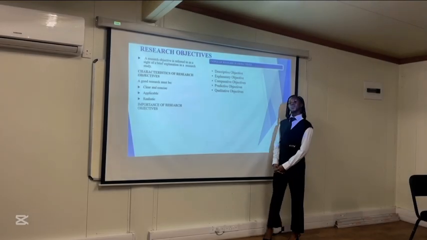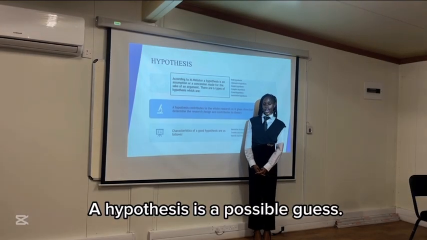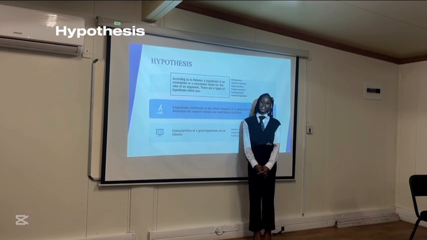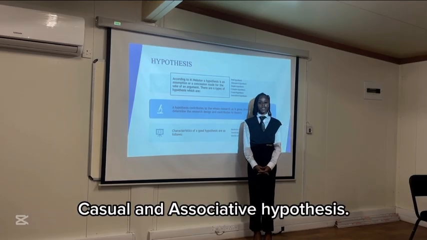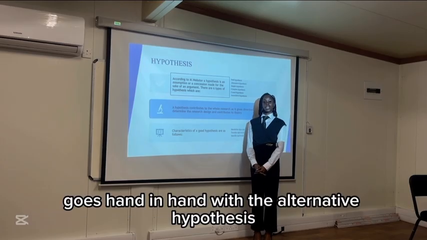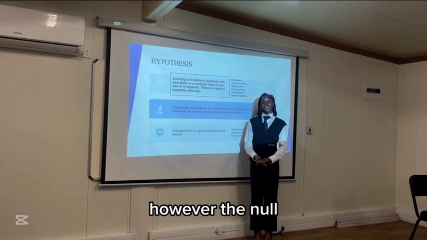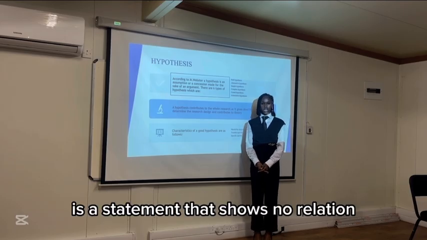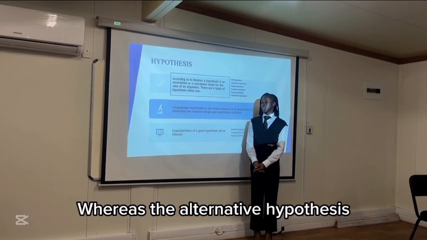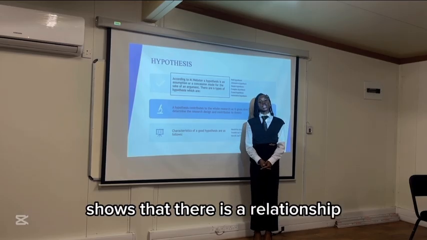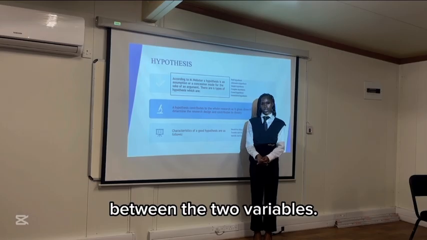Hypothesis. A hypothesis is a possible guess. There are 6 types of hypothesis, namely the null, alternative, simple, complex, causal, and associative hypothesis. The null goes hand in hand with the alternative hypothesis, whereby the null is a statement that shows no relation between the independent variable and the dependent variable, whereas the alternative hypothesis shows that there is a relationship between the 2 variables.